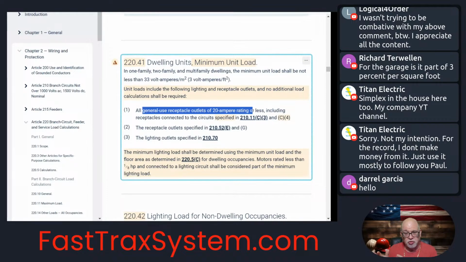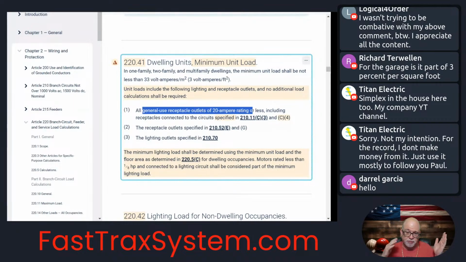And that's the general use things. But remember, it's not talking about the small appliances. That's a separate VA that has to be accounted for, 1,500 VA each. The laundry also has to be accounted for. So that's not talking about those things, okay? It also lets you know that the receptacle outlets specified in 210.52(E) are already figured into this.